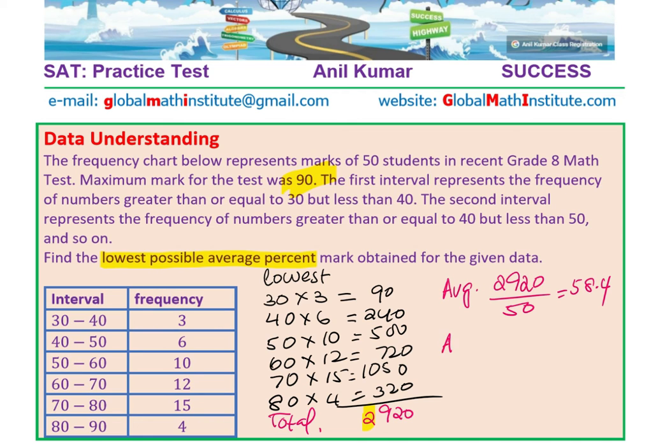So now let's find the average percent, which will be 58.4 out of 90 times 100, and that gives approximately 64.9%, which I can round to 65.